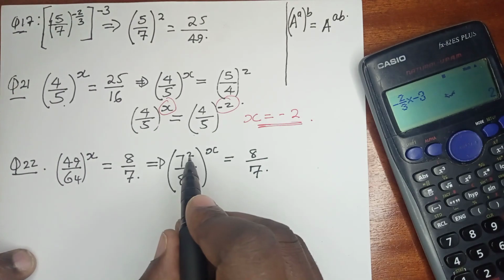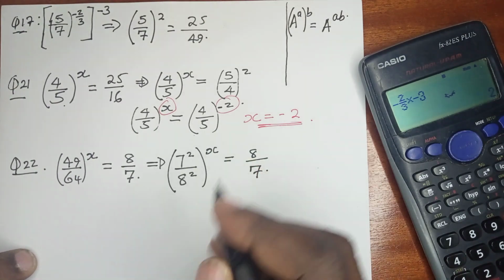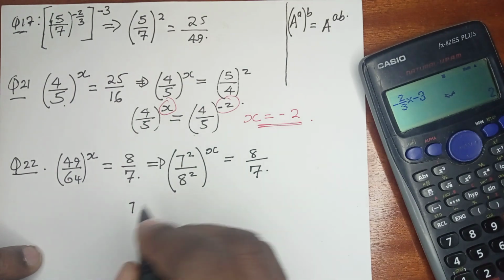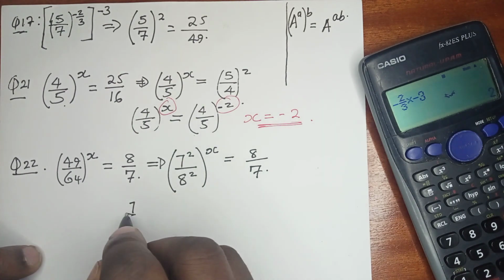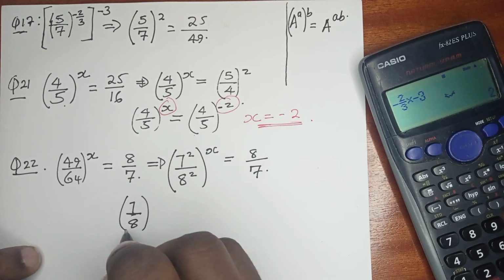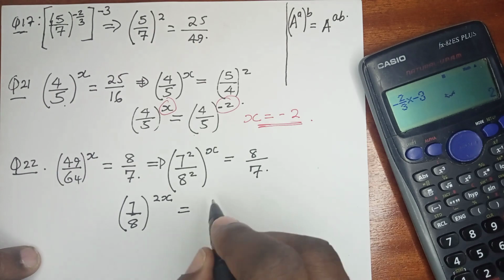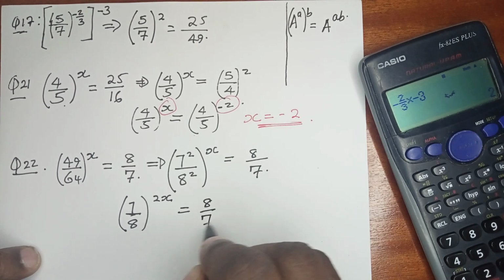We have to multiply the two indices here to get 7 all over 8 raised to power 2x is equals to 8 over 7.